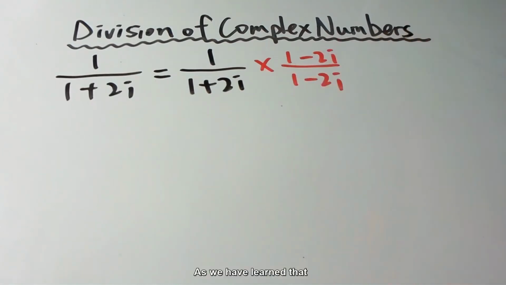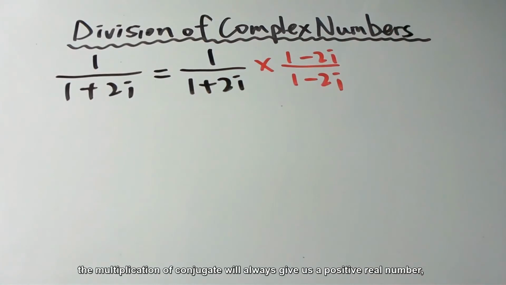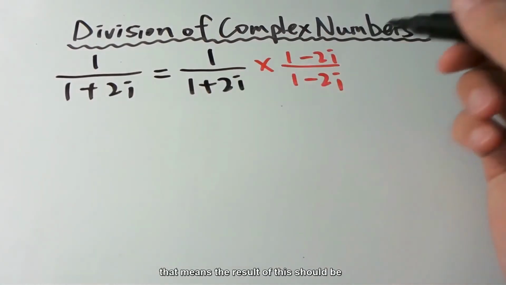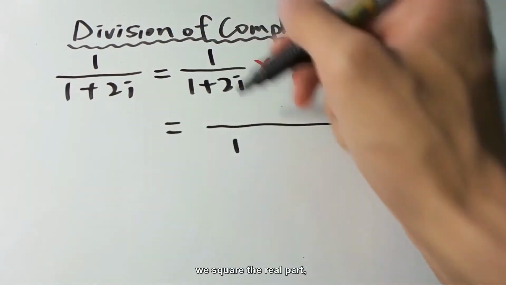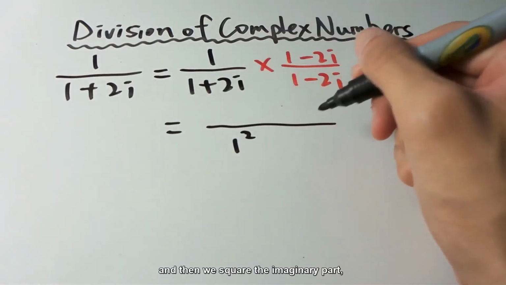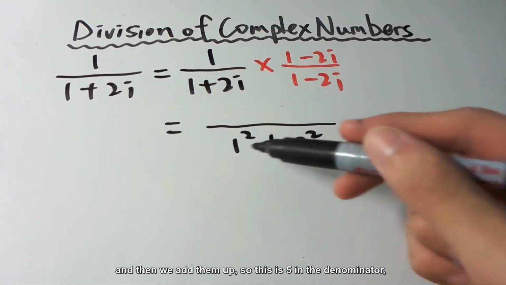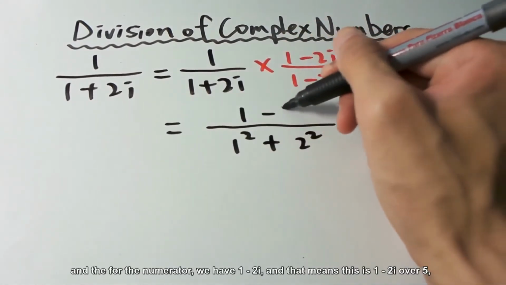As we have learned, the multiplication of conjugates will always give us a positive real number. That means the result of this should be, we square the real part, and then we square the imaginary part, and then we add them up. So this is 5 in the denominator, and for the numerator we have 1 minus 2i.